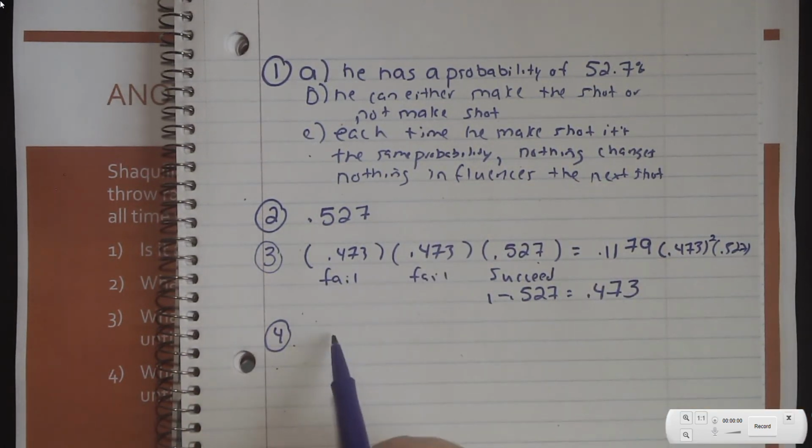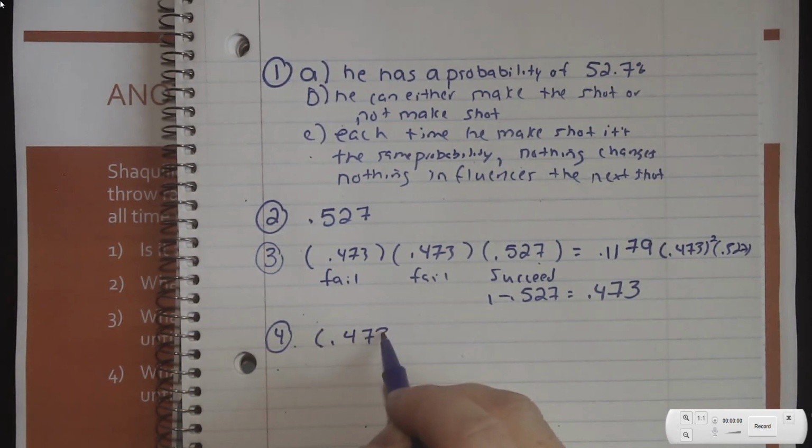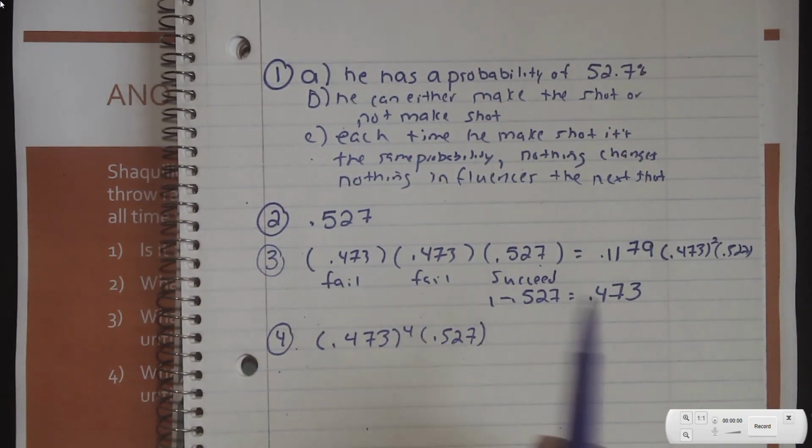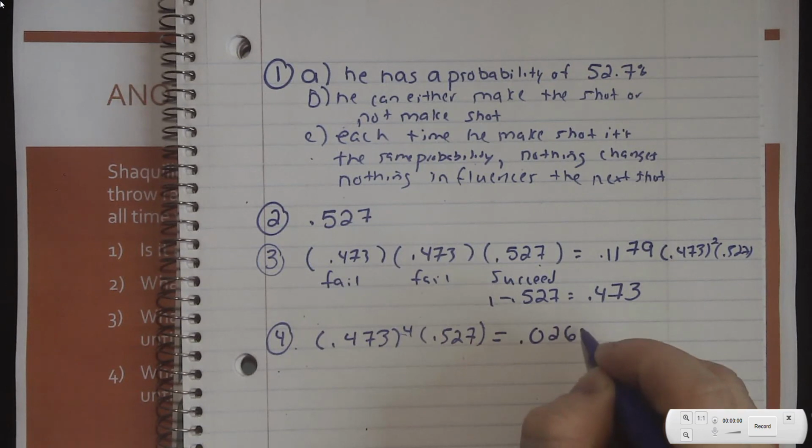We know this is the 4th power because he's going to fail 4 times and then succeed on the 5th attempt. So 0.473 to the 4th times 0.527 is 0.0264.